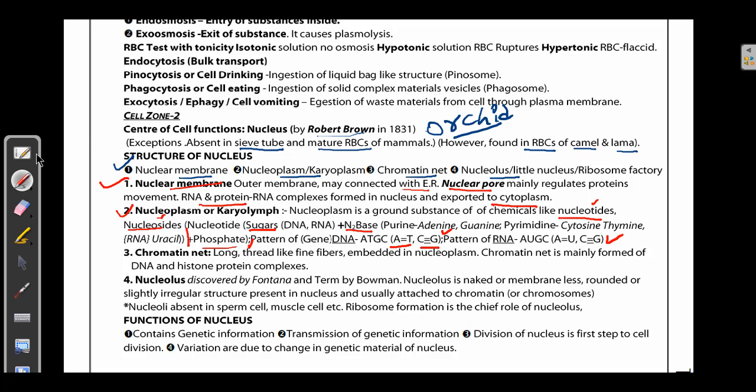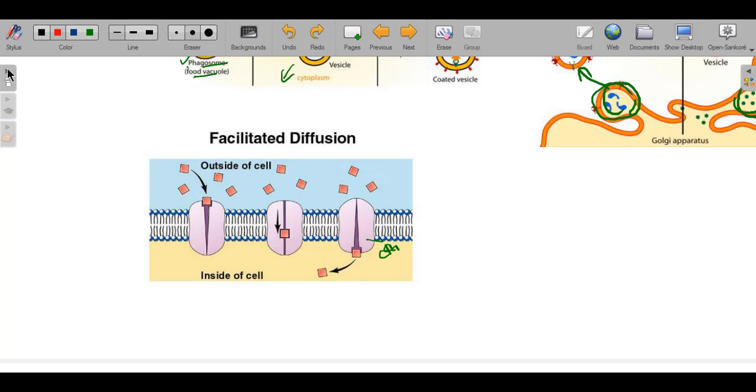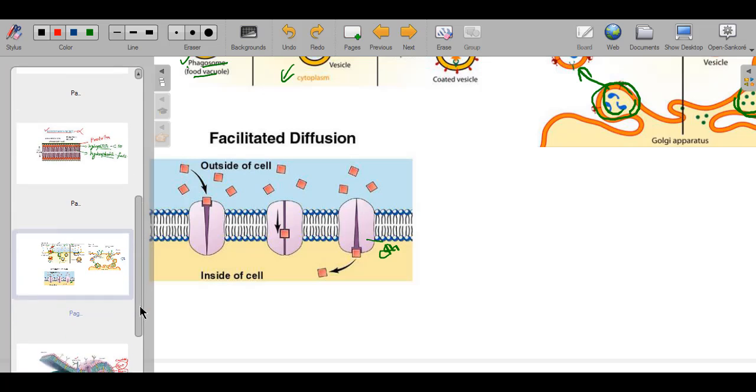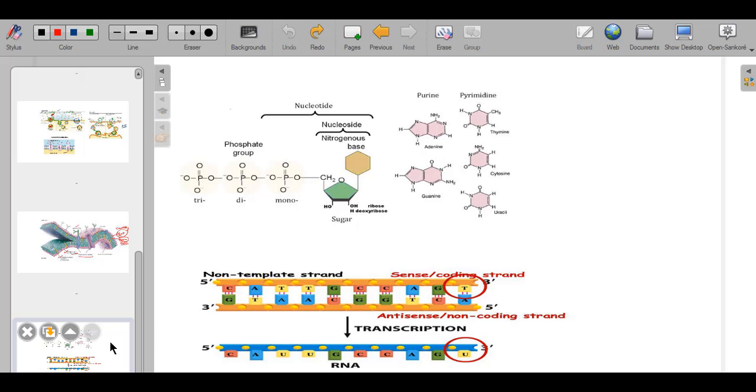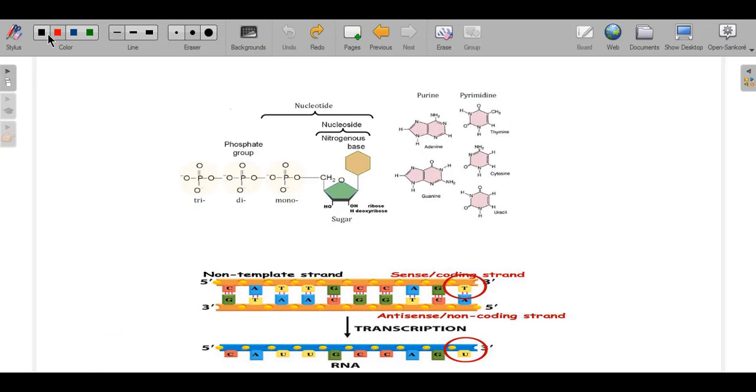Now let me show you a small illustration to understand this, and mostly you'll get a lot of questions based on the pairing of the bases. Some basics here: the nucleotide. First you can see the nucleoside, the nitrogenous bases. We also have two types of sugars, the ribose sugar and the deoxyribose sugar.